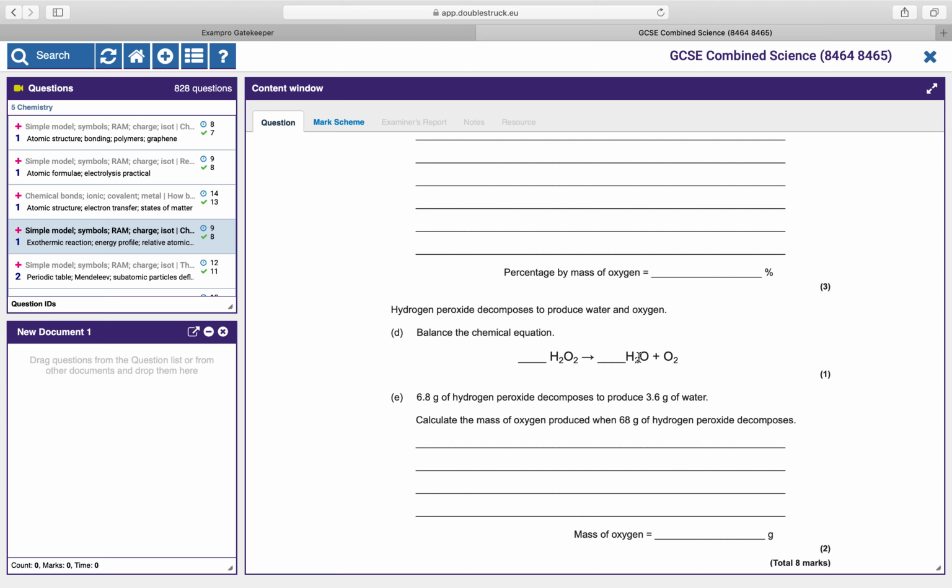And then 6.8 grams of hydrogen peroxide decomposes to produce 3.6 grams of water. Calculate the mass of oxygen produced when 68 grams of hydrogen peroxide decomposes. When I look at this question, I just see 36. Wait, hang on a second.